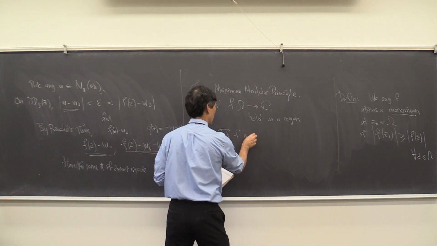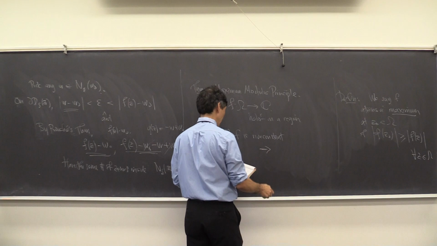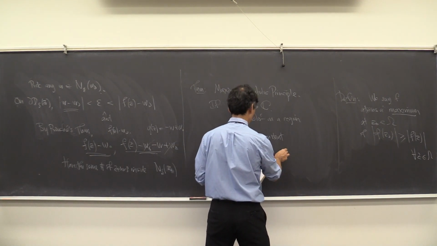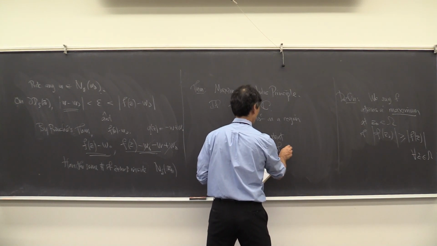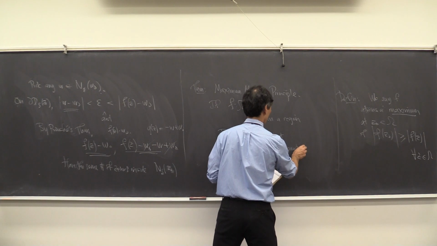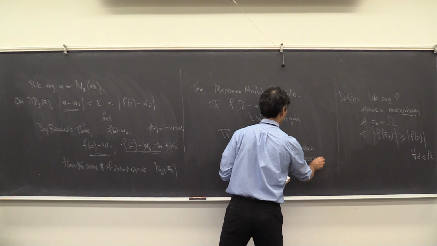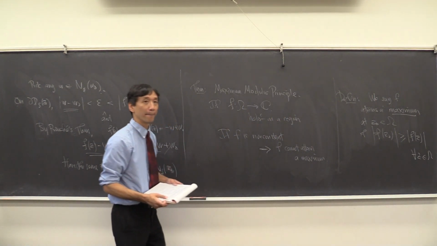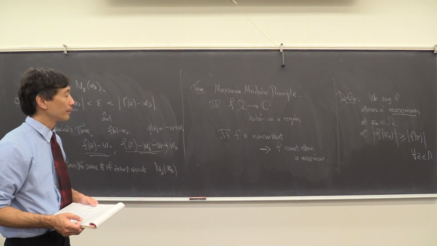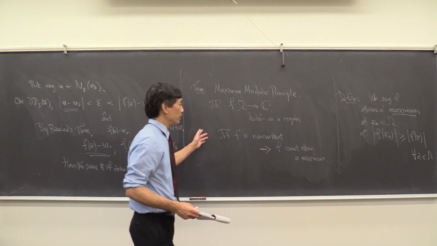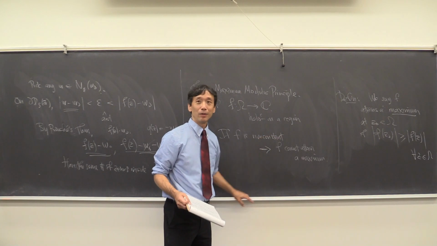If f is non-constant, then f cannot attain a maximum. Or in other words, if it attains a maximum somewhere, then it must be a constant function, right?